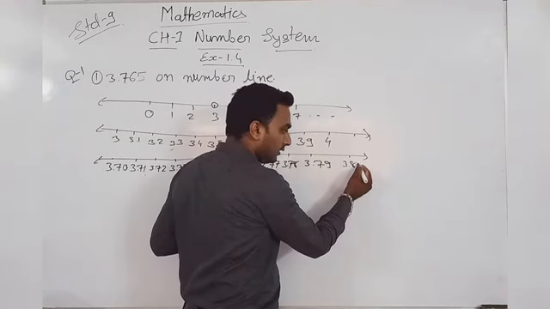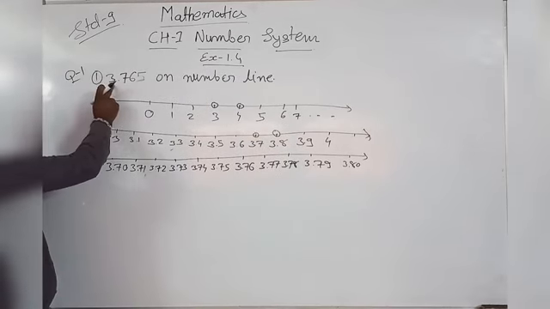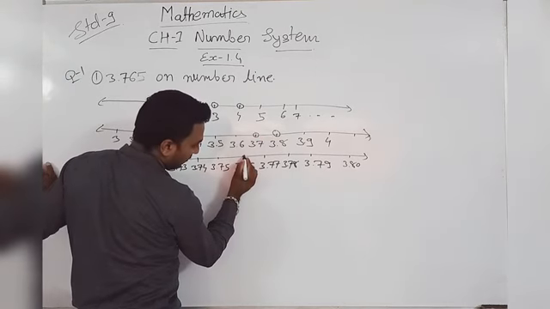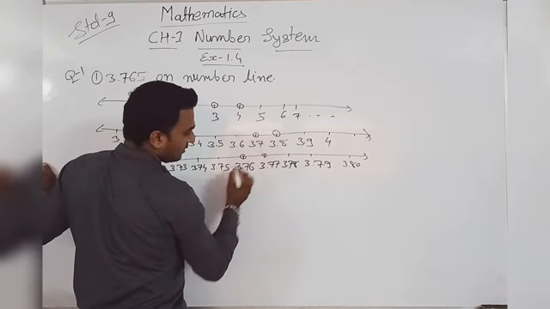Clear? Now see here again 3.76. 3.76 is here. So that number lies between 3.76 and 3.77.